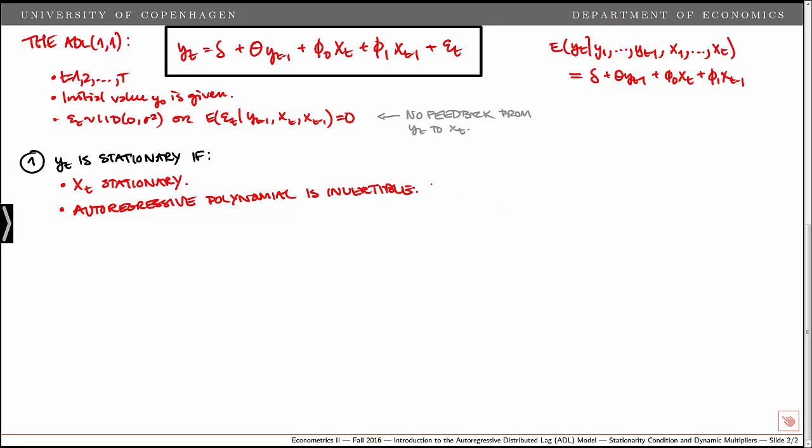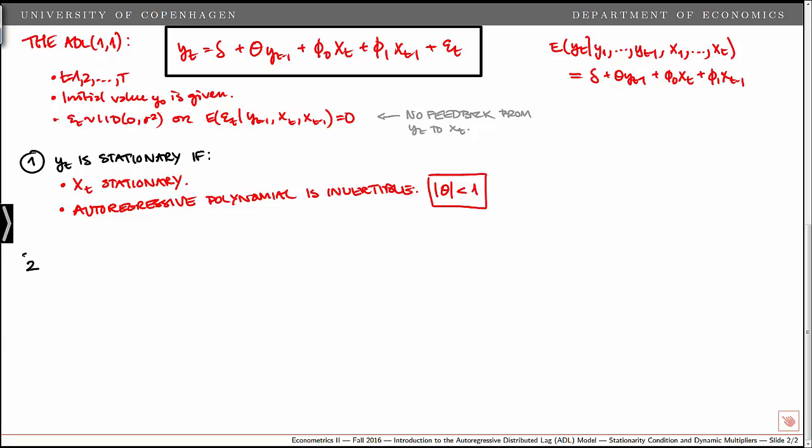In our case here, that means that the absolute value of the parameter theta must be smaller than 1. So note that this is just our usual stationarity condition for an AR(1) process, and we need that in addition to x_t being stationary, and then y_t is stationary. Another way of stating this is that the inverse characteristic roots all fall inside the unit circle.